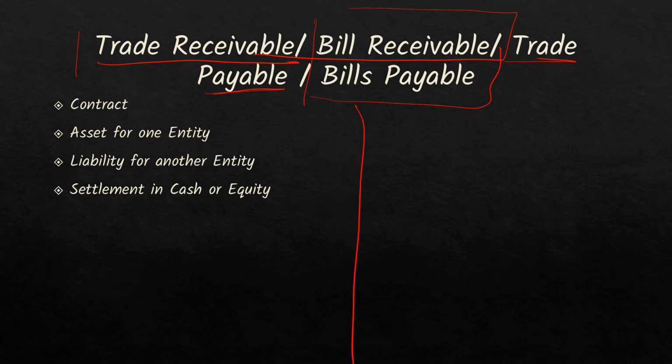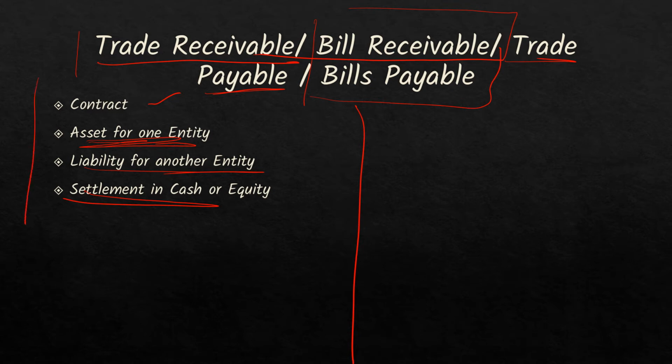Let's see trade receivable. You have a contract on the basis of which you sold the goods. You have a contract between two parties. You sold goods on credit on that contract, and then you will be showing that as debtors. You have an asset. Another entity must be showing it as a liability, the one to which you have sold the goods, and ultimately that will be settled in cash after a certain period, right?